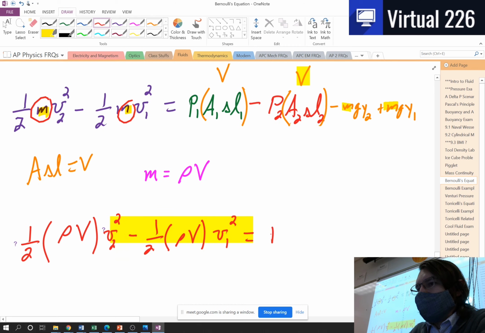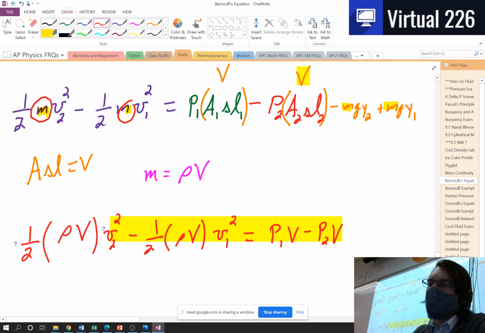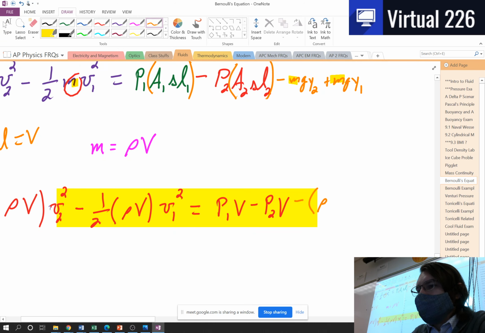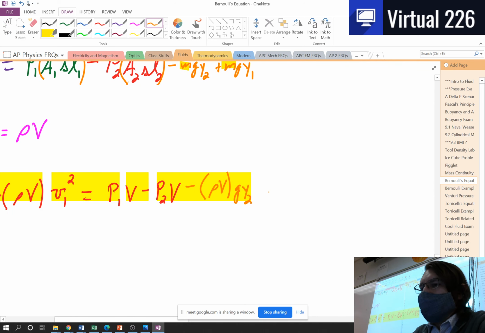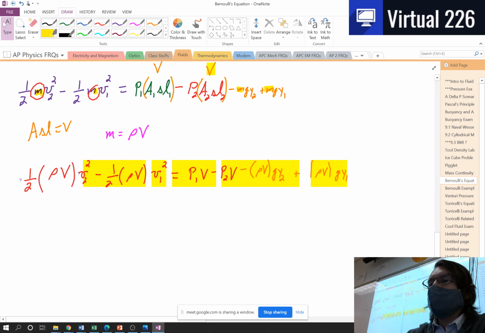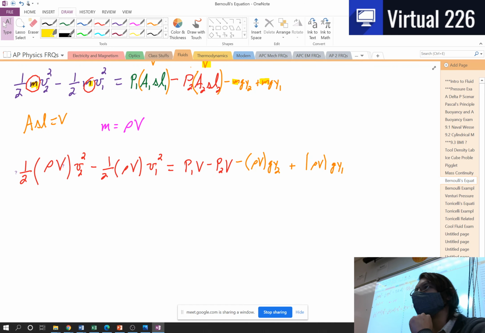And this is going to equal P1v minus P2v, and then here for the mg y2 and y1s, we're going to get minus, that m is going to become rho v g y2, and then plus the quantity rho v g y1.